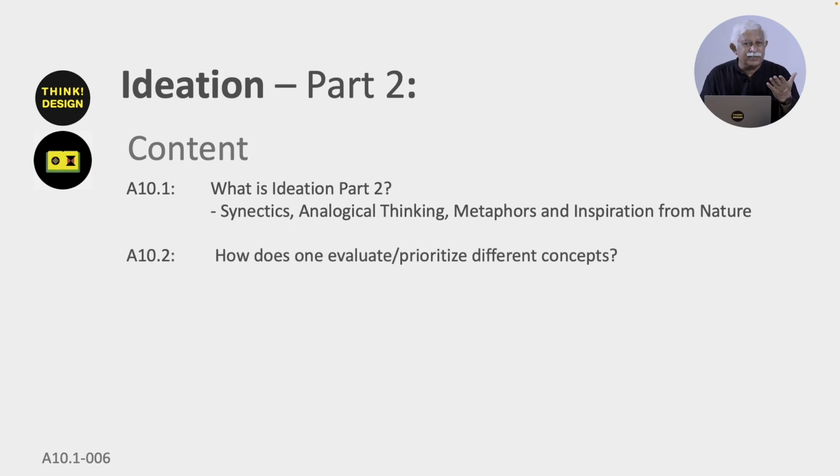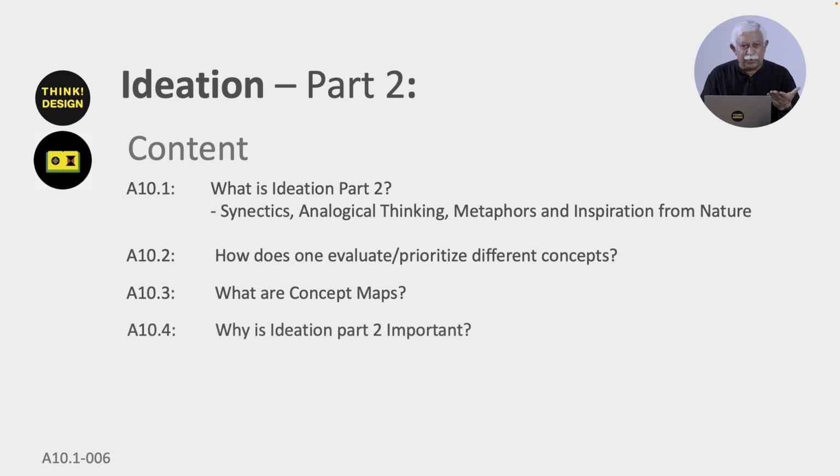The big question is how to evaluate or prioritize the different concepts that you have developed till now, followed by how to make a concept map, or concept maps if you have multiple solutions. Why is this part important? This is followed by further studies and references. We will start with the first question.